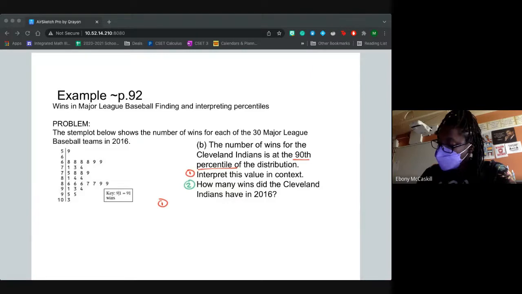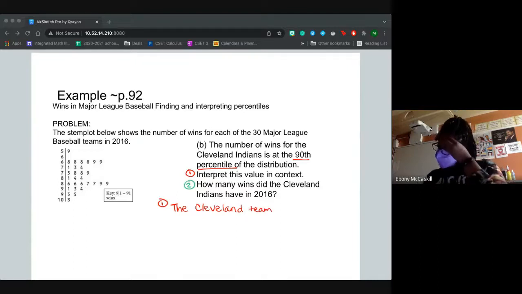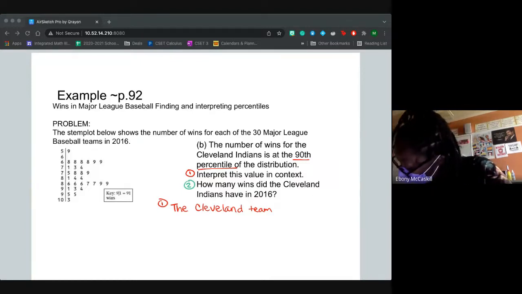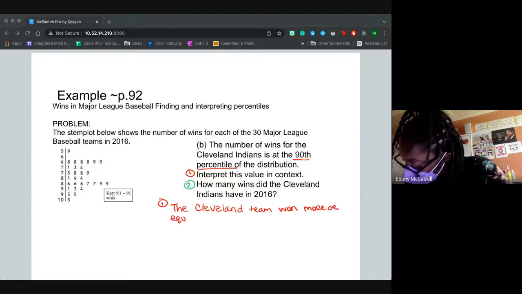So using the definition of a percentile, we know that the Cleveland team won more or equal amount of games than other teams.